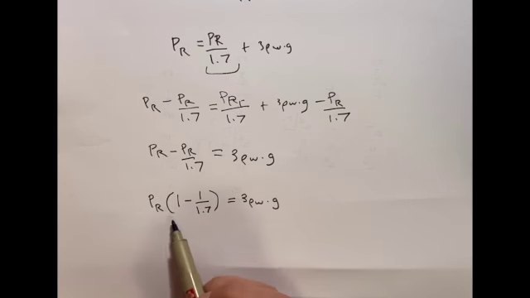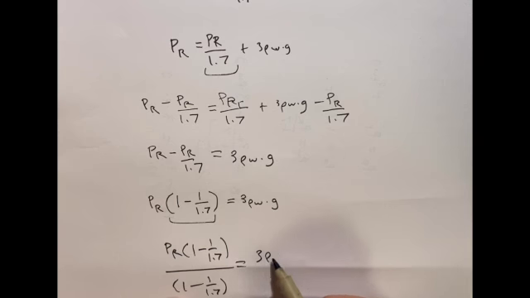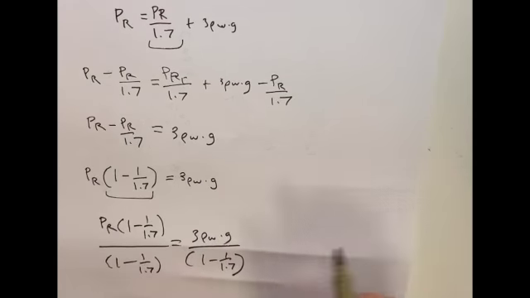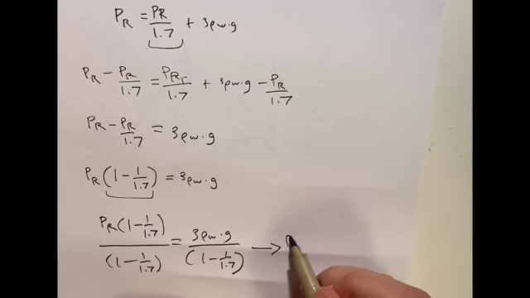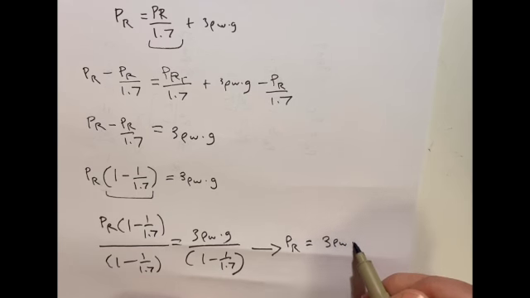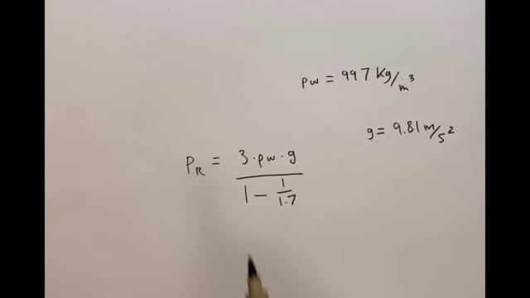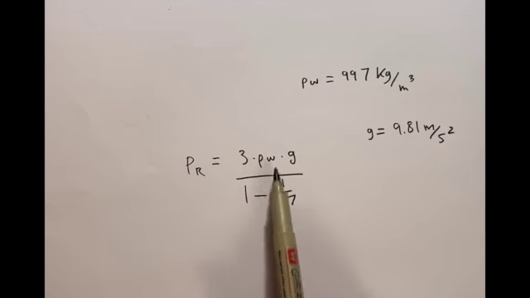Now we can divide this term on each side. This is our final equation, and we know the values of these two.